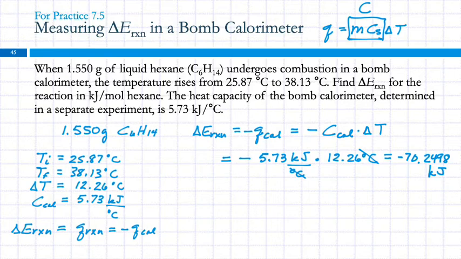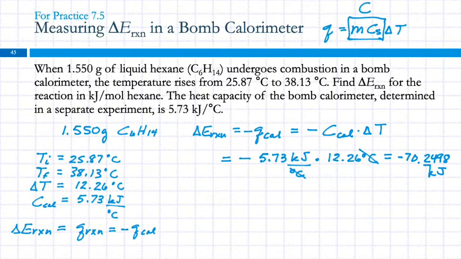So here, the bomb calorimeter is gaining energy, but the reaction lost energy. And so we're calculating the change in energy for the reaction, so we need to adjust the sign accordingly. Reaction lost, calorimeter gained. Losing is negative.